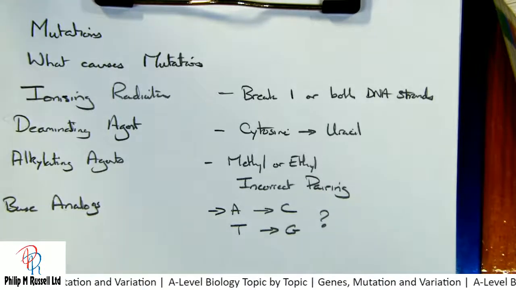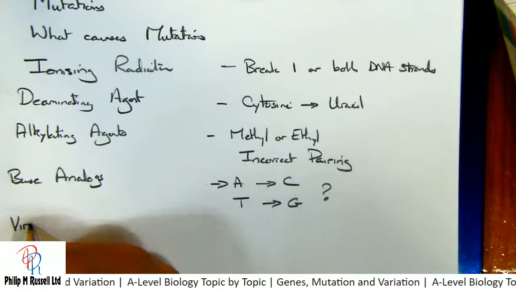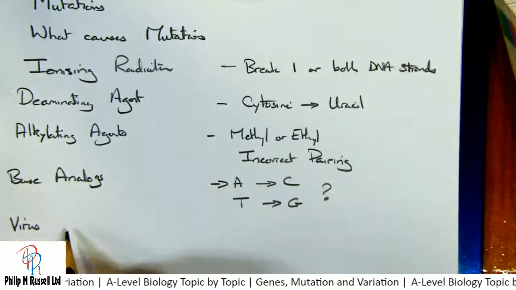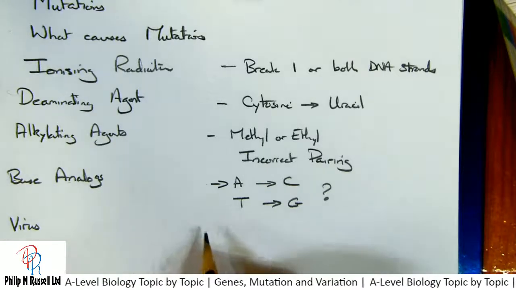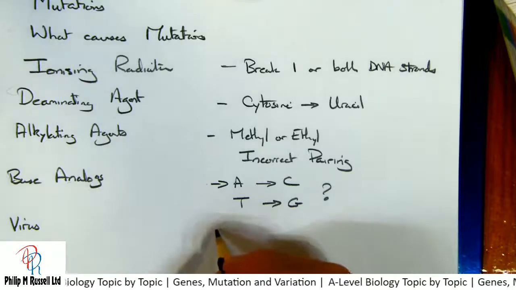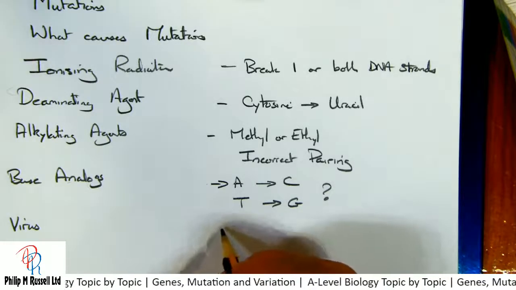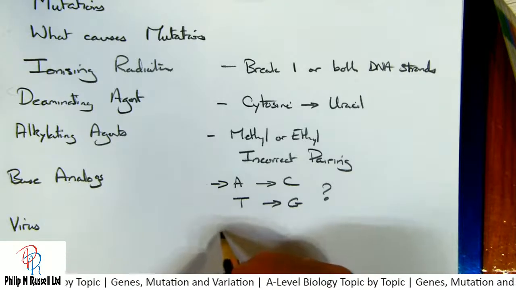And our favourite one, viruses. A virus may insert itself somewhere into the genome to try and hide, and that may just add a few extra base sequences in somewhere.